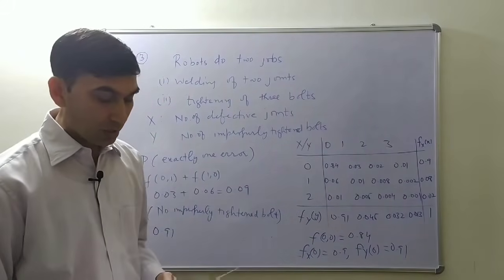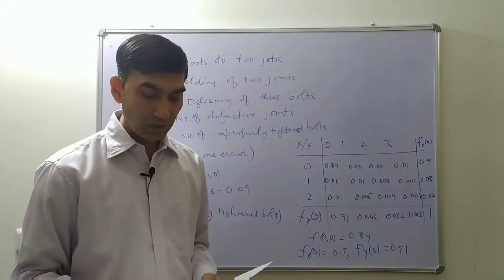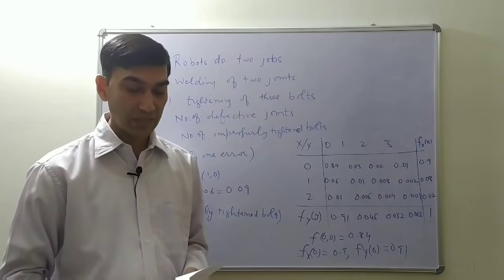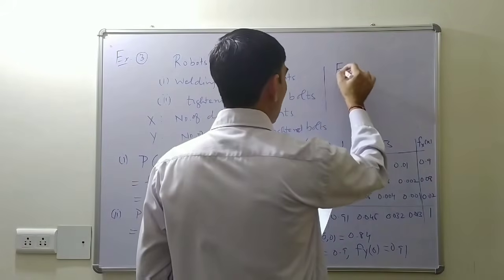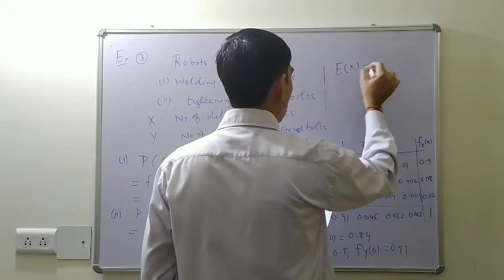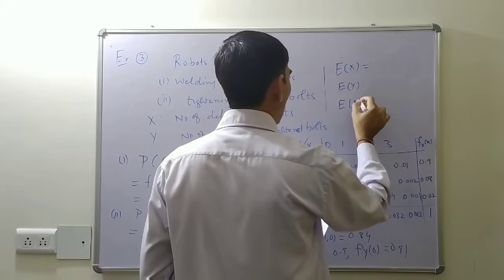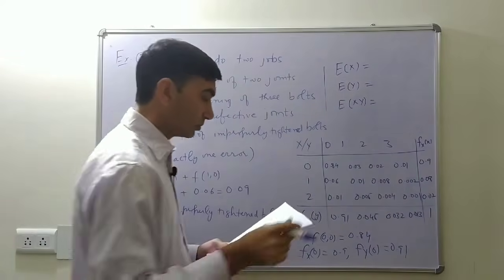Also, you can do one more calculation yourself. You can calculate covariance in this case. For that, you need to calculate Ex, Ey, and Exy. I'm just writing the answer. You can check it later.